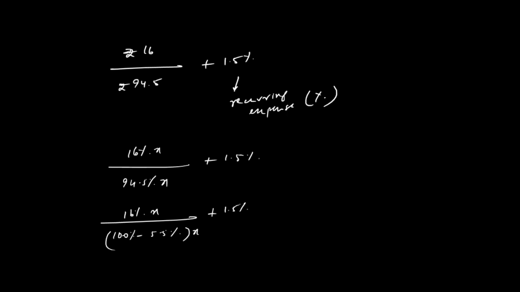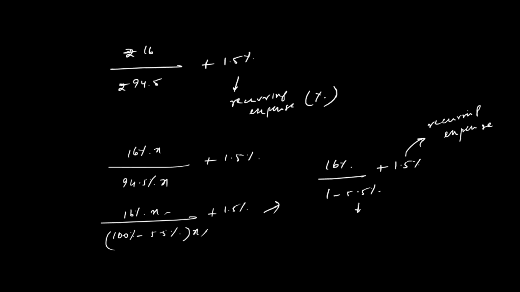So this gives rise to 16% by 1 minus 5.5%, and the x and x will cancel anyway, plus 1.5%. So this is the recurring expense, this is the initial expense, and this is what he is already generating.